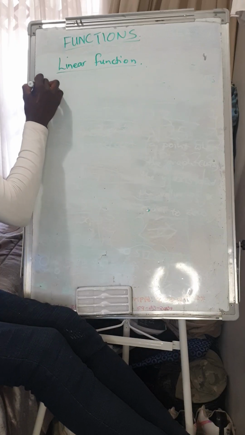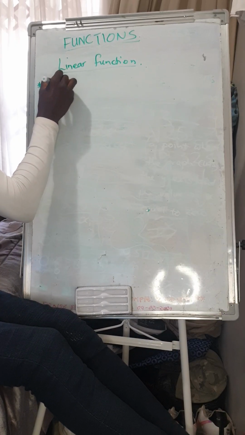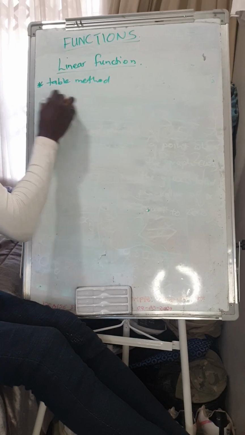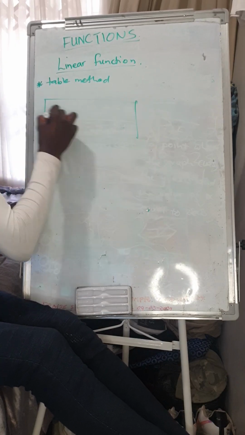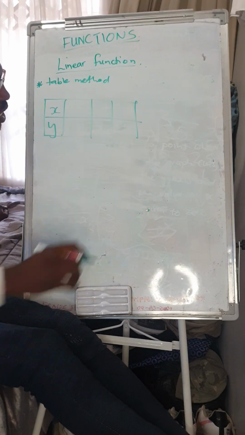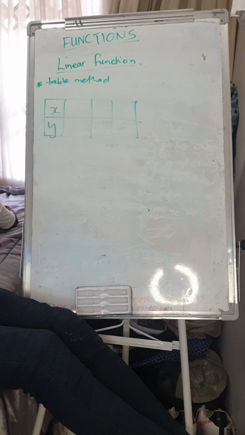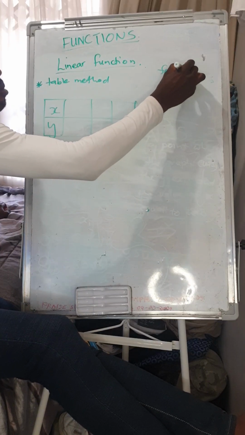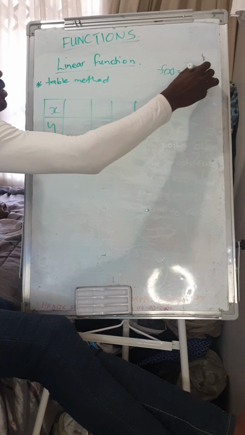You can use the table method. Something like this: x, y. The idea of the table method, remember, f of x equals mx plus c.